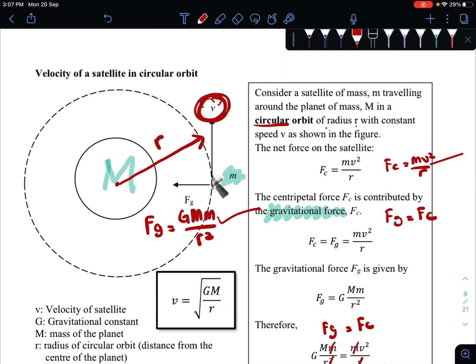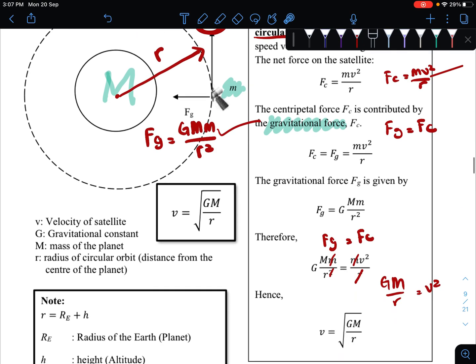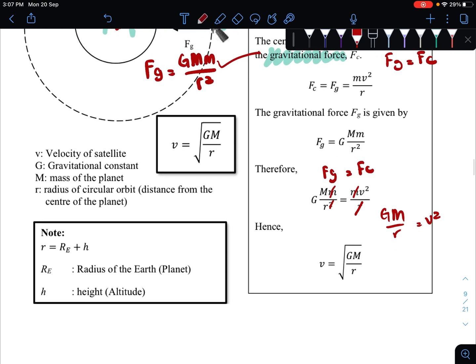We want to find the velocity at which the satellite is going to orbit. We want to find the velocity of the satellite in the circular orbit. So we want to know what speed the satellite uses to make the circle, to orbit around the planet. So you rearrange v, bring the square over here, and it becomes square root of GM over r.